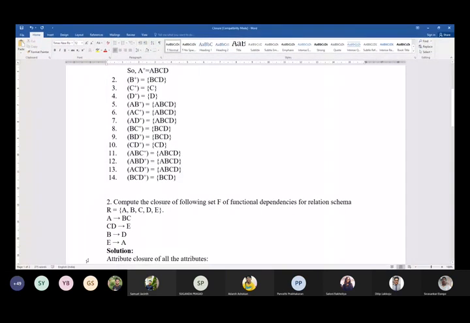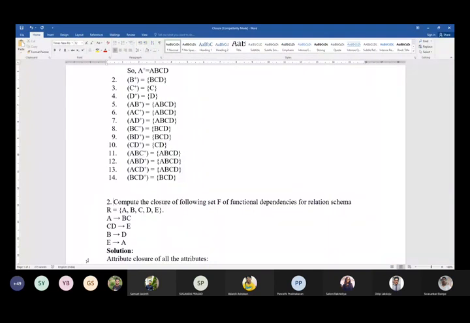You are expected to find A closure, B closure, C closure, D closure, then AB closure, AC closure, AD closure, BC closure, BD closure, BE closure, CD closure, CE closure, DE closure. So you are expected to find the closure of all the attributes in this relation.